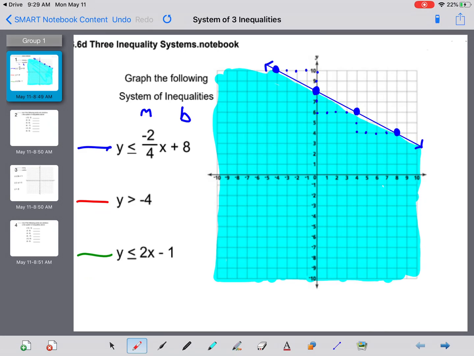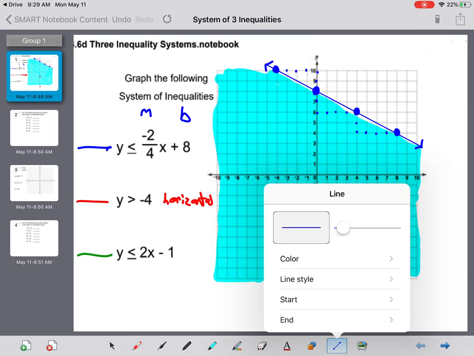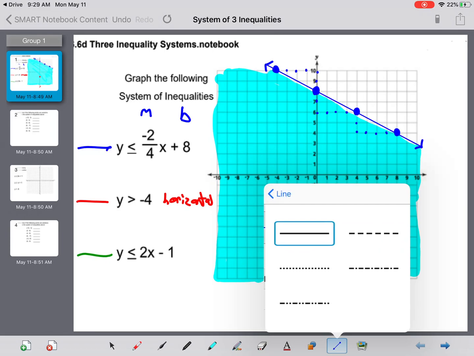Now, this says y is greater than -4. I don't see an x value at all, which means that this line is going to be horizontal. It's going to cut through the y-axis at -4, which is right here.